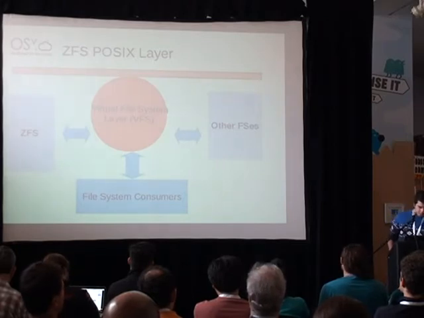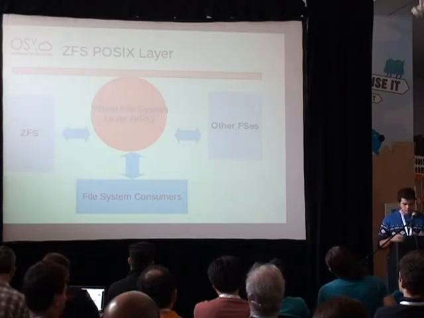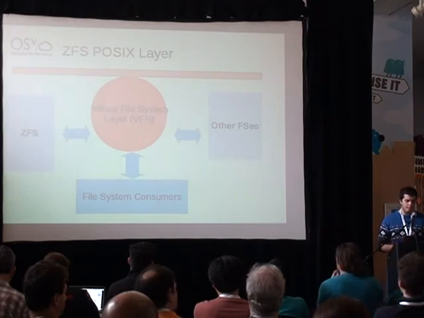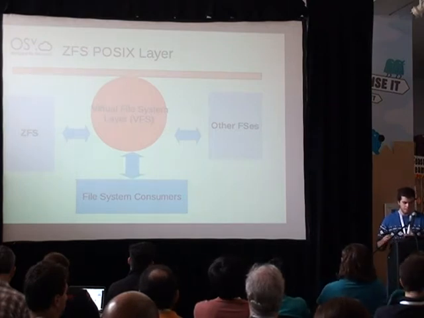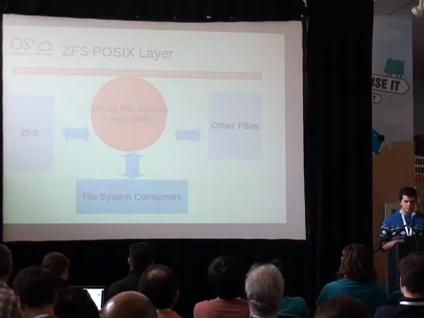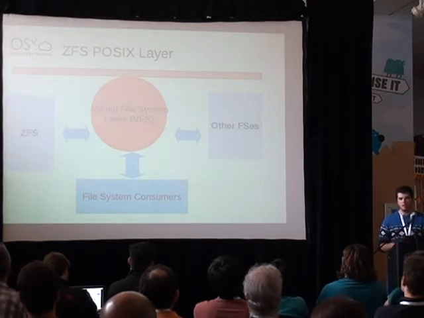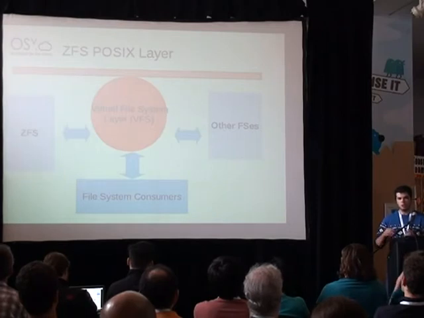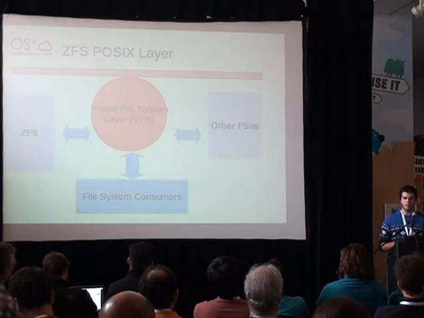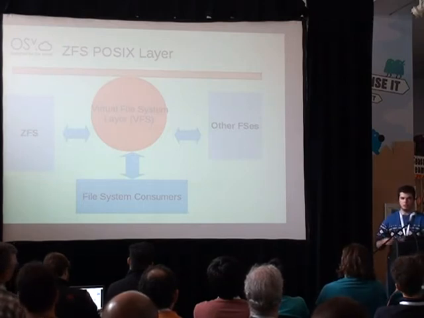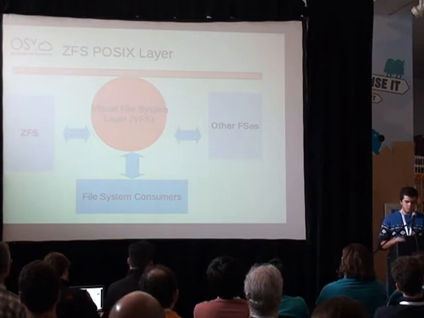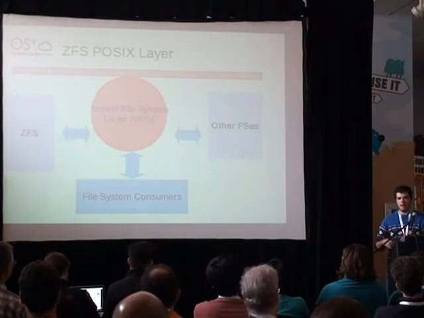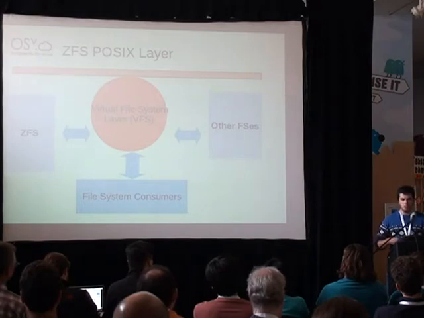So here is the virtual file system layer, and I'm going to explain it a little bit, although I explained the essentials in the previous slide. The virtual file system layer is the layer in the operating system that allows many file systems to coexist and communicate. For example, in the same system you could have ext4 and ZFS and other file systems of your choice. The virtual file system layer is where the file system consumers go to: I want to write to such a file from ZFS.